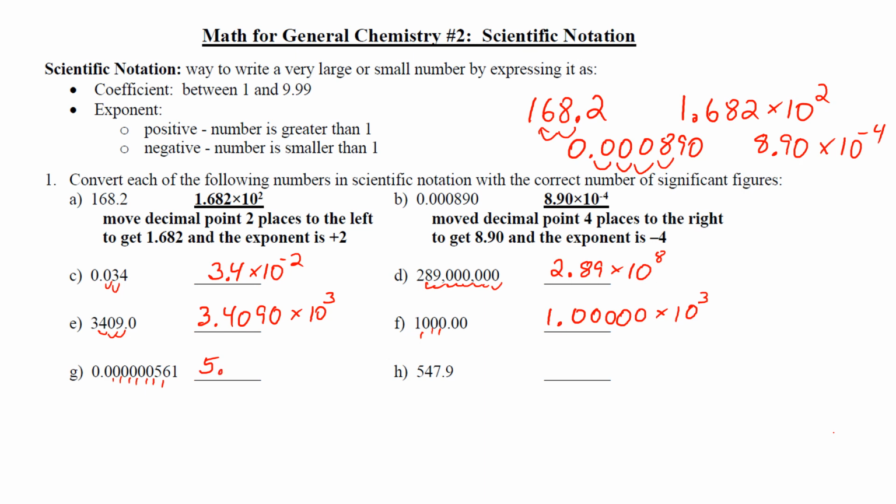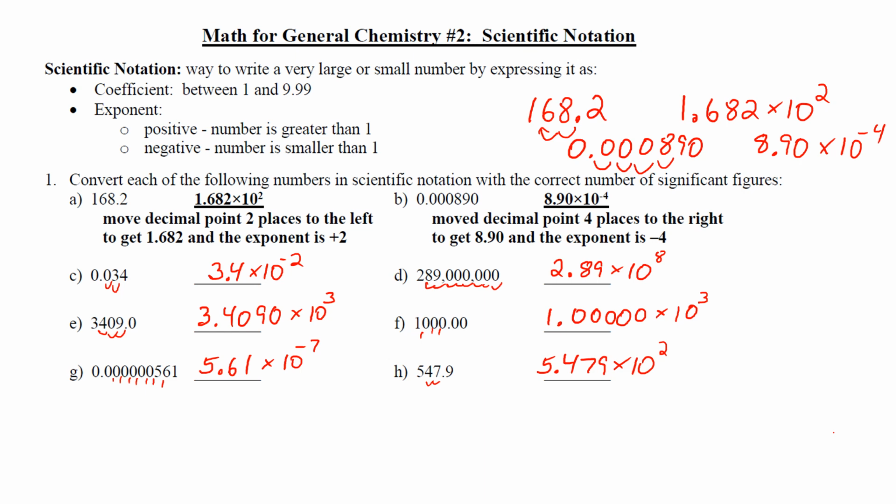So 5.61 times 10. Remember, I moved it 7 spots, so negative 7. And then finally, 547.9. I move it 1 spot, 2 spots. So that's 5.479 times 10 to the 2. All right, let's go on.